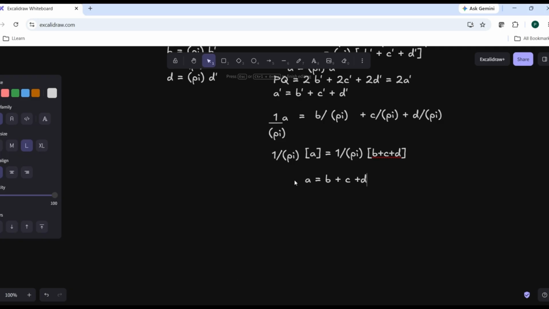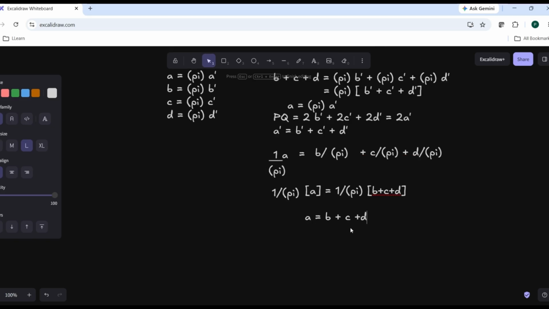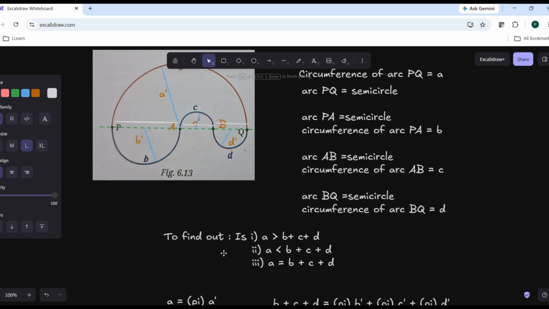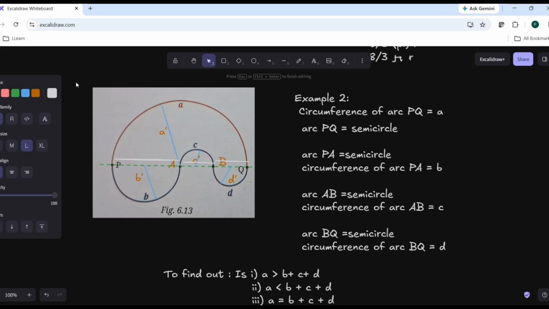So what does this mean? The length of arc A is equal to the sum of the lengths of arcs B, C and D. So here the answer is 3. Both the paths, whether we follow this route from P to Q, or we take the roundabout route from P to Q, we will be traveling equal distance in both the cases.